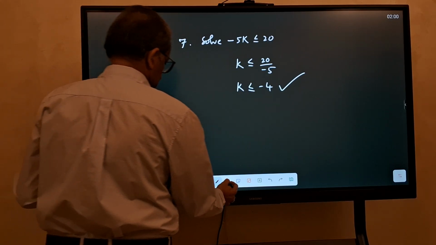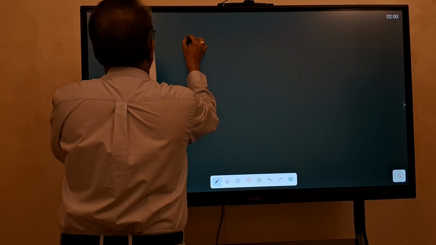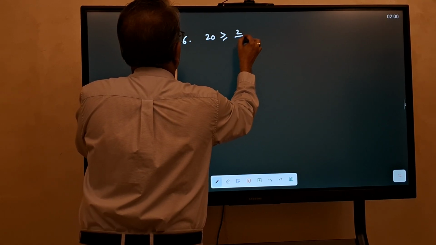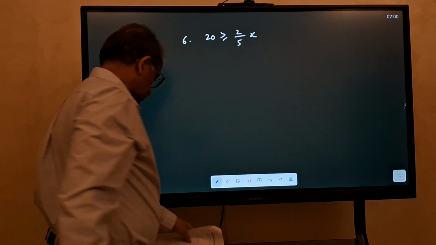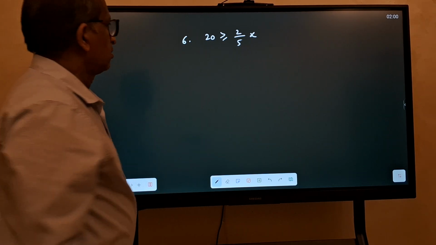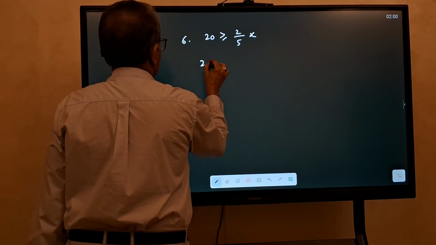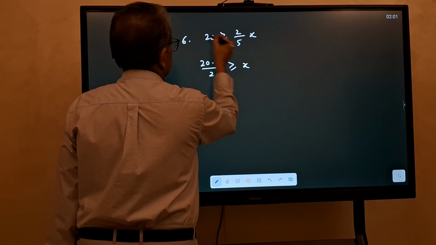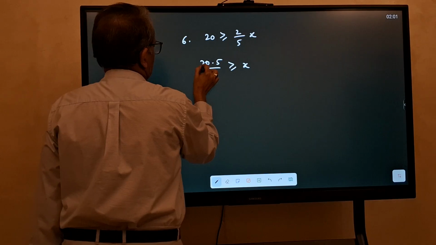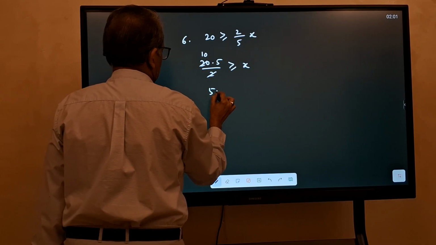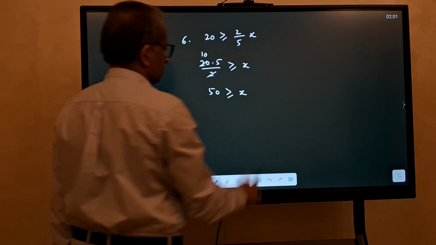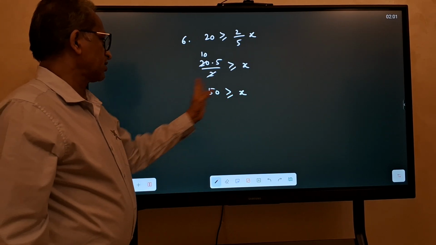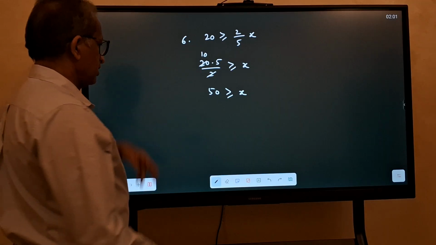Let's say number 6. 20 greater than or equal to 2 by 5x. Cross multiply. 20 into 5 by 2 greater than or equal to x. 20 into 5 by 2, that is 50 greater than or equal to x. It's correct. Suppose you want to bring x on the left, 50 on the right, yes, you can do.